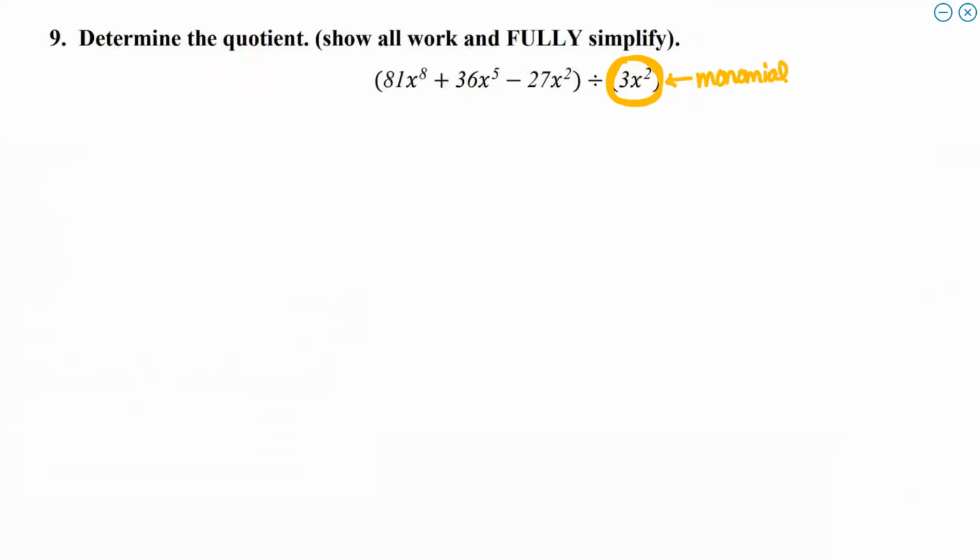When you have a monomial, synthetic division is not allowed. When you have a monomial, long division also isn't going to work. So how do I do this if I can't use long division or synthetic division?